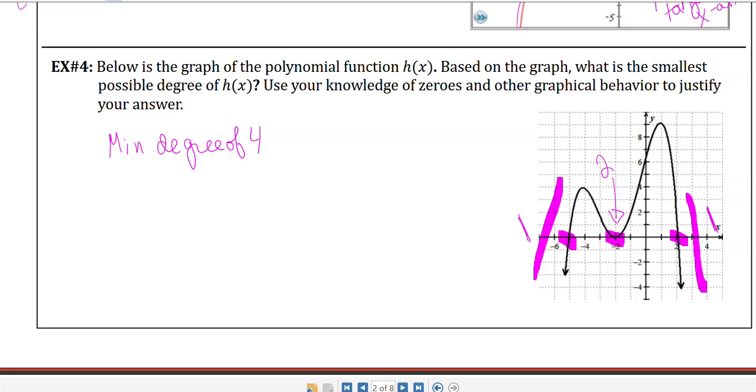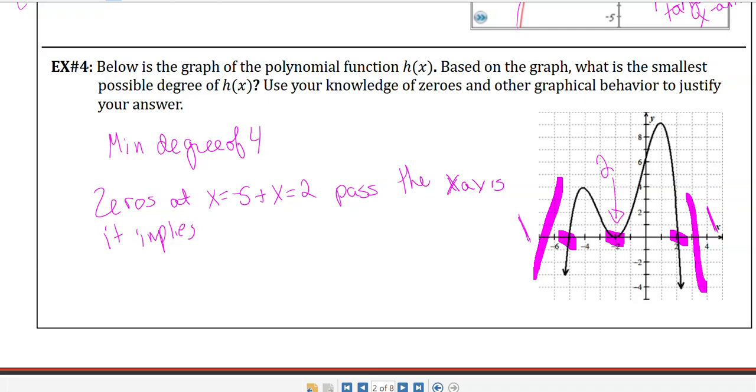And because the zeros at x = -5 and x = 2 pass through the x-axis, it implies a degree of 1. Excuse the terrible handwriting on the tablet.